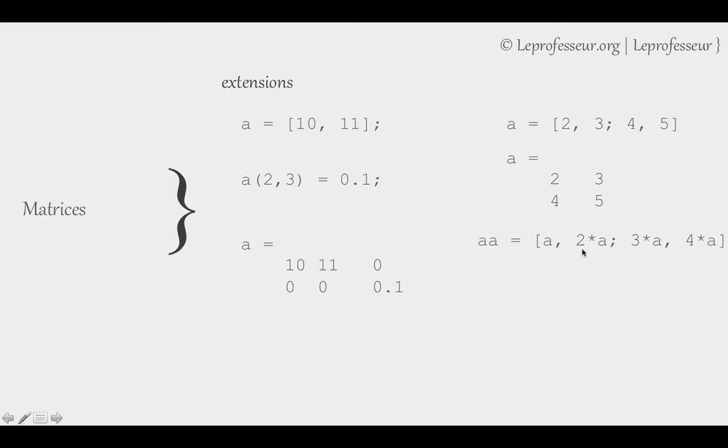So A, 2 multiplied by A, and then in the next row 3 multiplied by A and 4 multiplied by A. So how is Matlab going to do that? It will copy, because you have put A, so it will copy the whole matrix 2, 3, 4, 5.